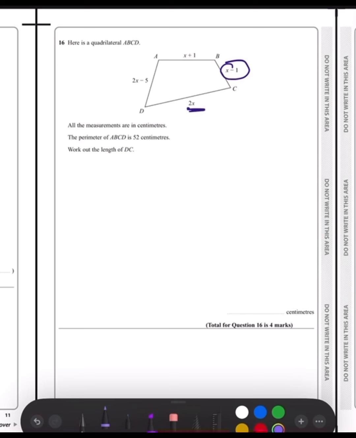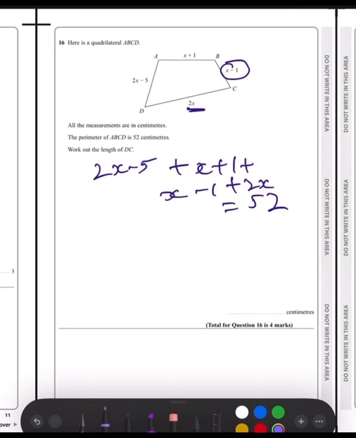Because we know these sides add up to get the perimeter, we can clearly write 2x minus 5 plus x plus 1 plus x minus 1 plus 2x is equal to 52, because when you add these up, that's your total perimeter.